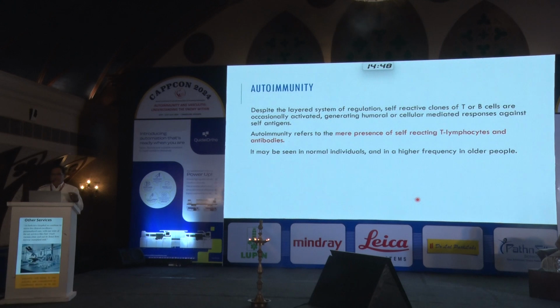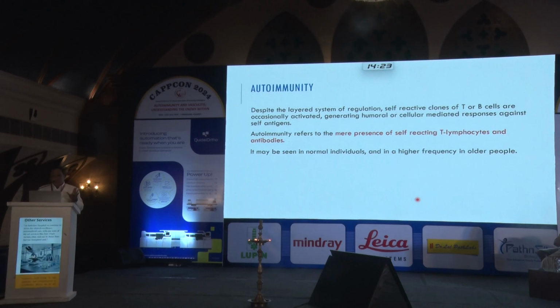Despite this protective system of regulation, self-reactive clones of T cells or B cells are occasionally activated. Autoimmunity basically refers to the presence of these self-reacting T lymphocytes and B cells and their antibodies.